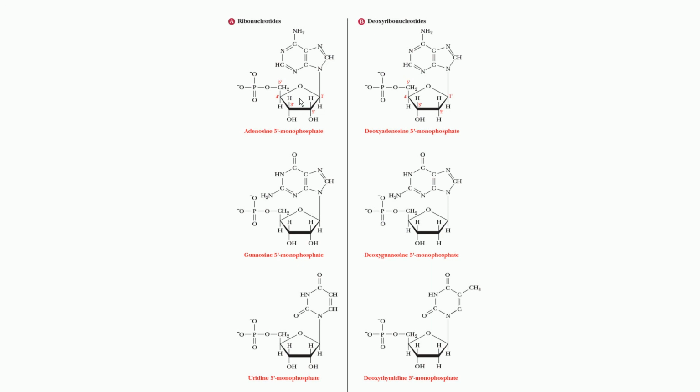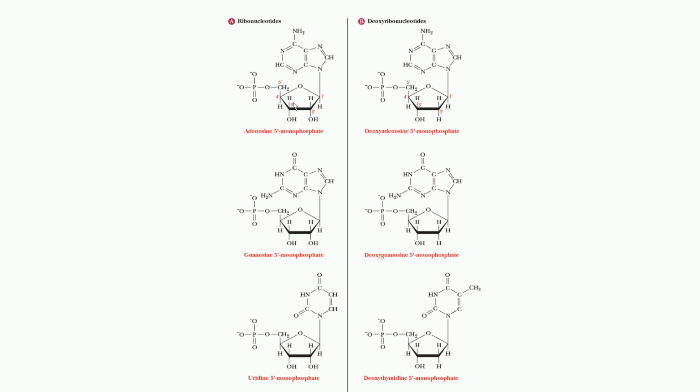And RNA has this one extra oxygen. That is why it's called ribonucleic acid. And the sugar, sorry, I forgot to tell you this. The pentose sugar which is present in RNA is called ribose sugar.